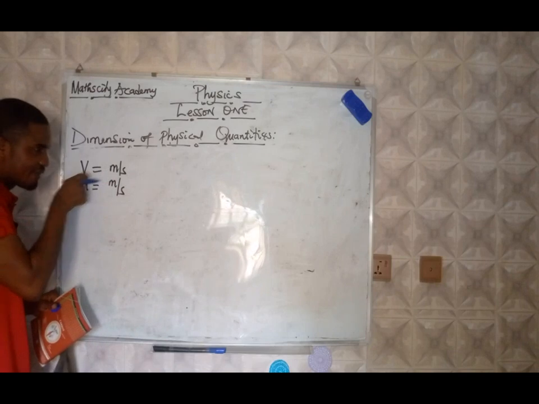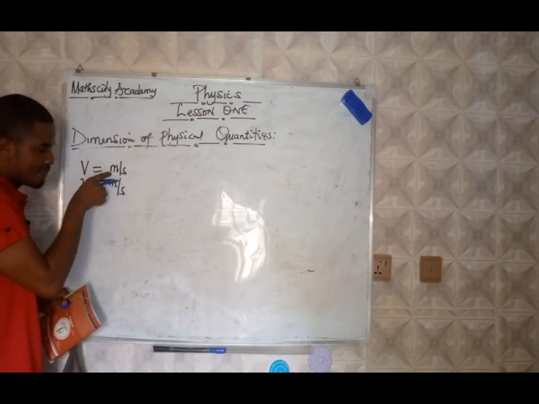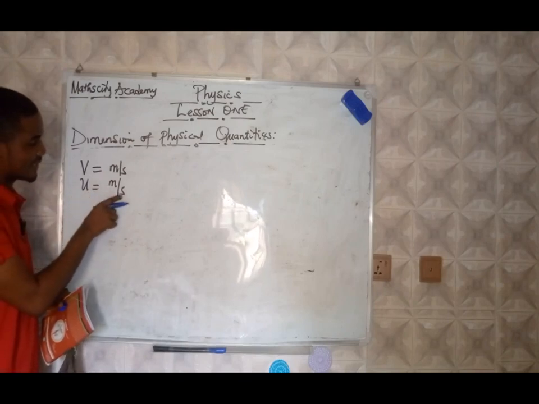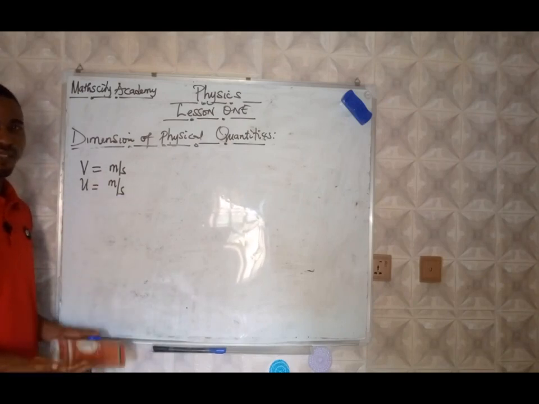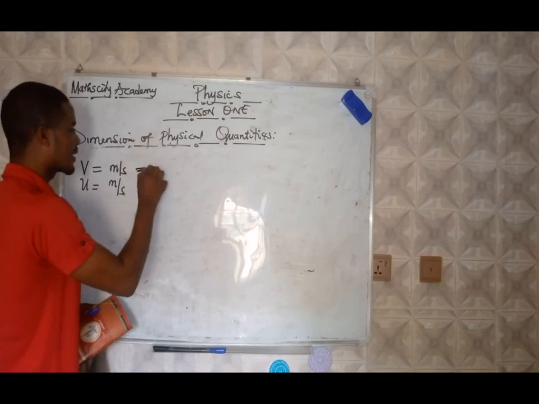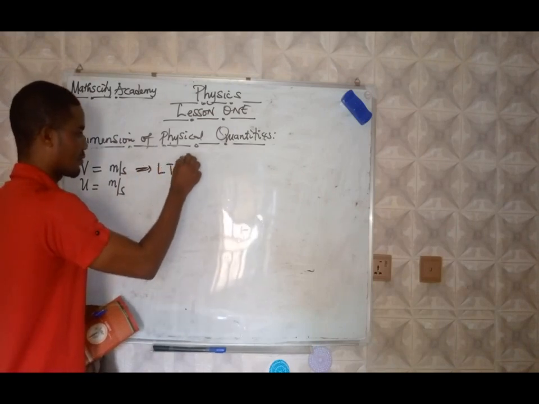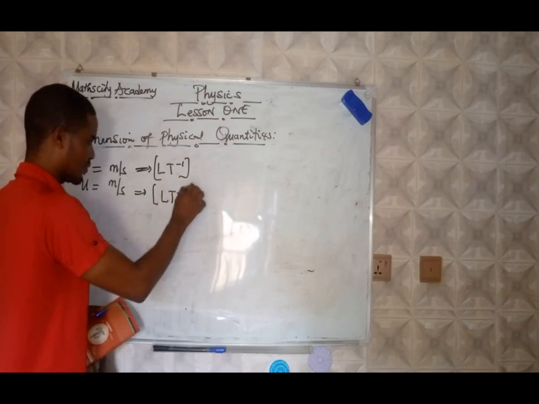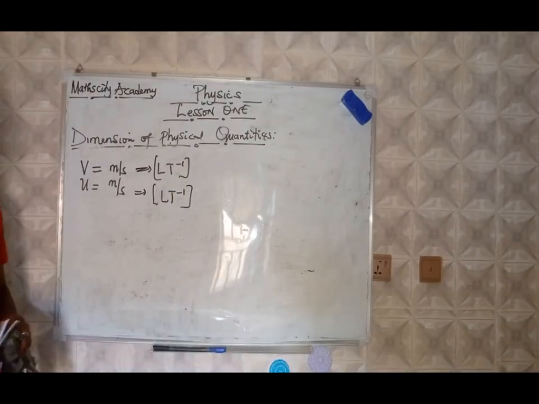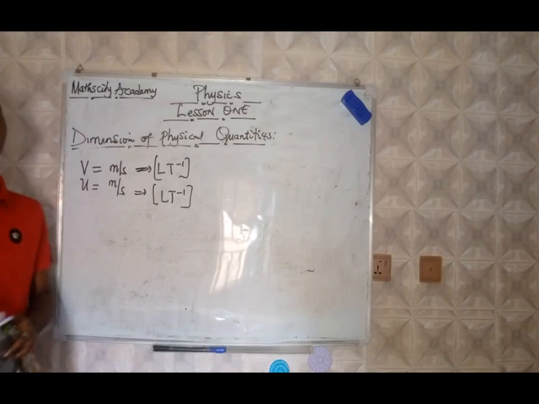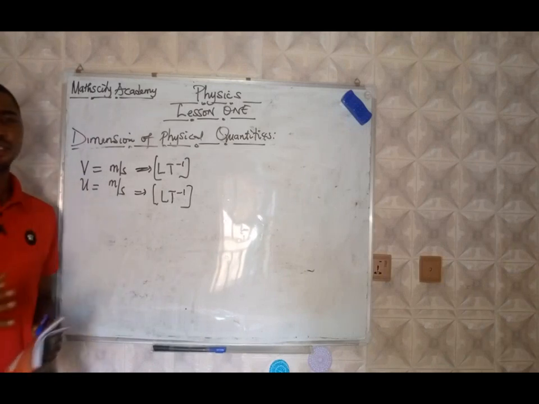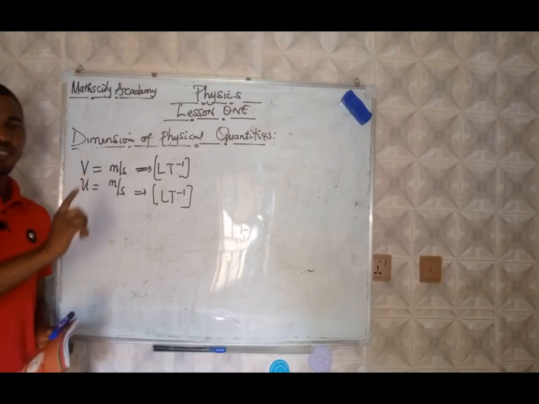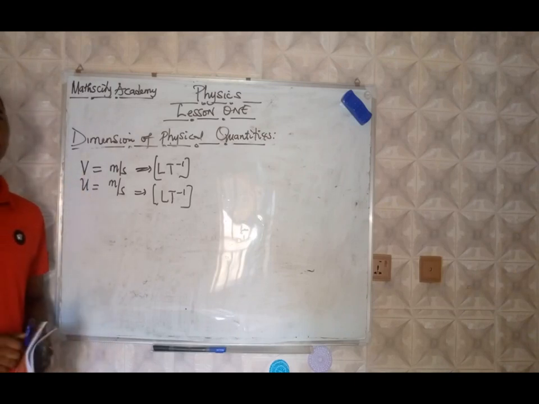Because the V velocity is measured in meter per second and the U velocity is also measured in meter per second, then we have the same dimension. So the dimension for this one is LT minus 1, and the dimension for this one will also be LT minus 1. So whether they ask you to find the dimension for initial velocity or final velocity, they are the same. Velocity is velocity. Energy is energy. Impulse is equal to momentum. They have the same dimension.